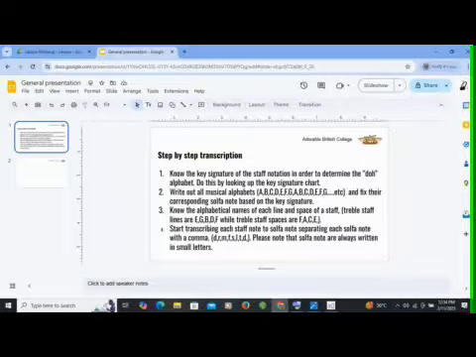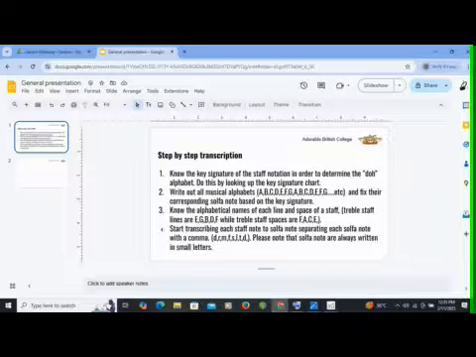Now the third step says know the alphabetical names of each line and space of a staff. You have to know it offhand. You need to know that on the treble staff, the first line is E, the second line is G, the third line is B, the fourth line is D, and the fifth line is F. To remember these 5 different letters, you can use a phrase: every good boy deserves Fanta.